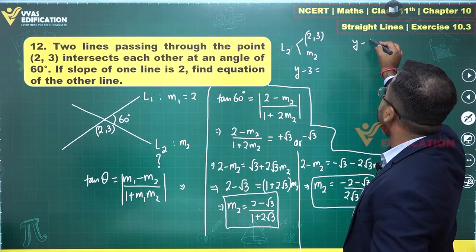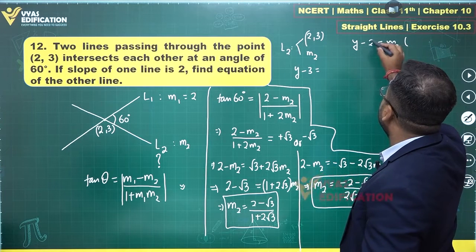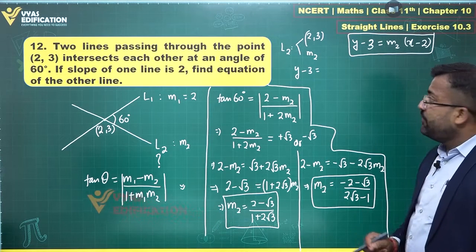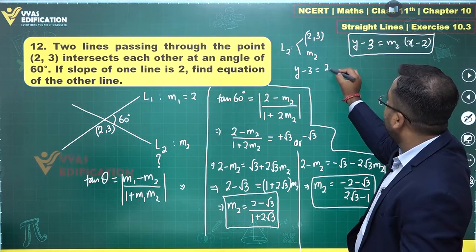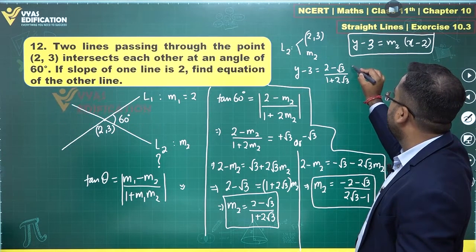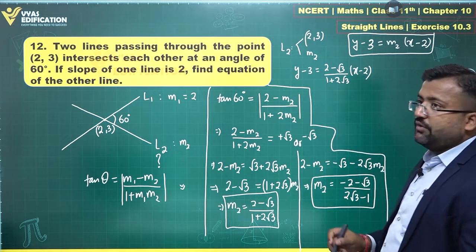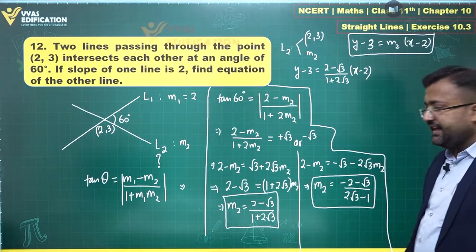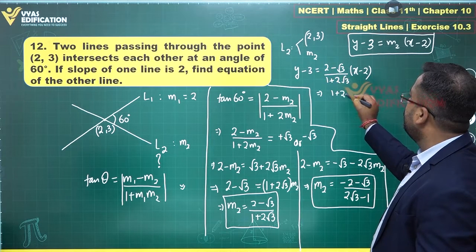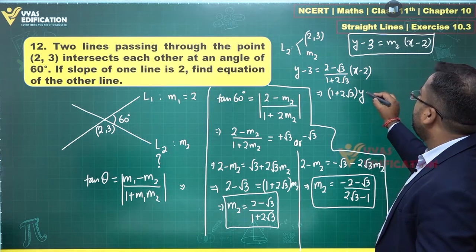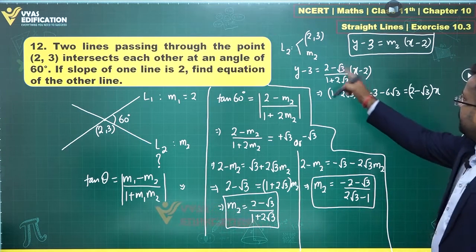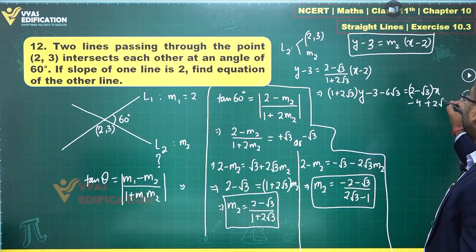If this is the equation, y minus 3 equals 2 minus root 3 upon 1 plus 2 root 3 times x minus 2. This will be one of the equations, and there will be another equation that we'll solve later. Let's simplify this further. This becomes 1 plus 2 root 3 times y minus 3 minus 6 root 3 is equal to 2 minus root 3 times x, and multiplying by this, minus 4 plus 2 root 3 is what I get.